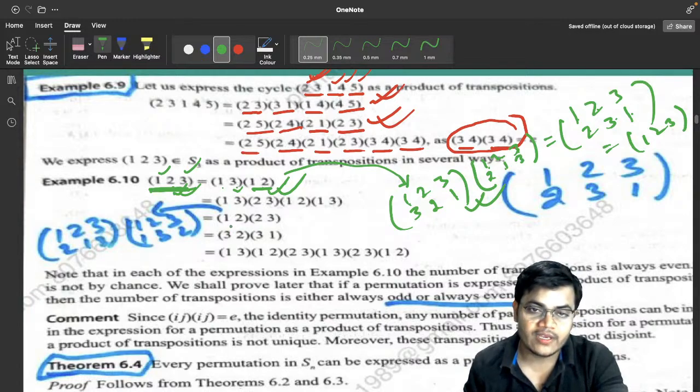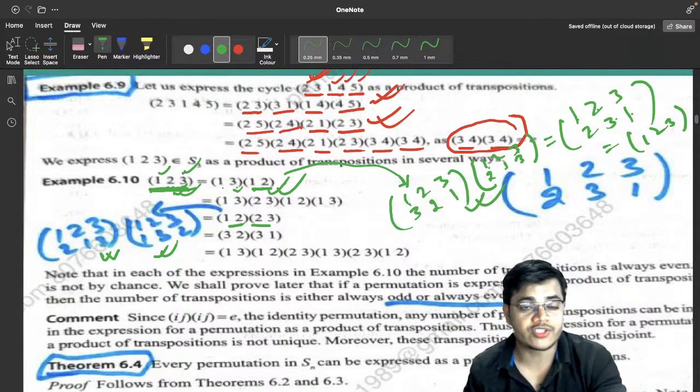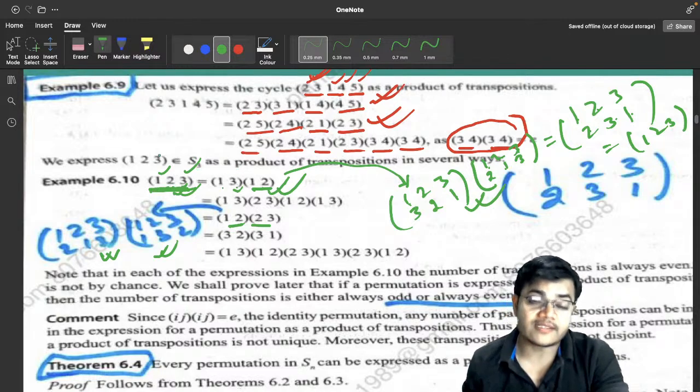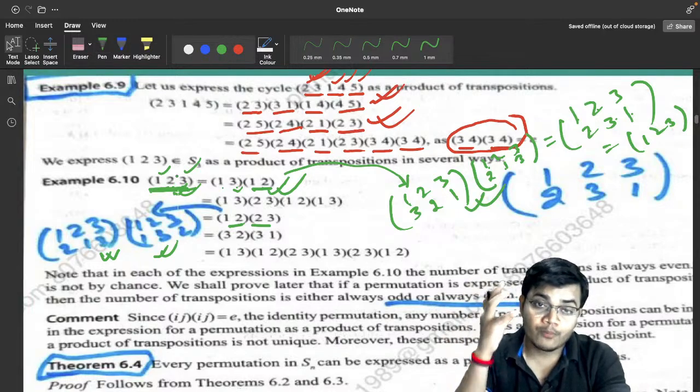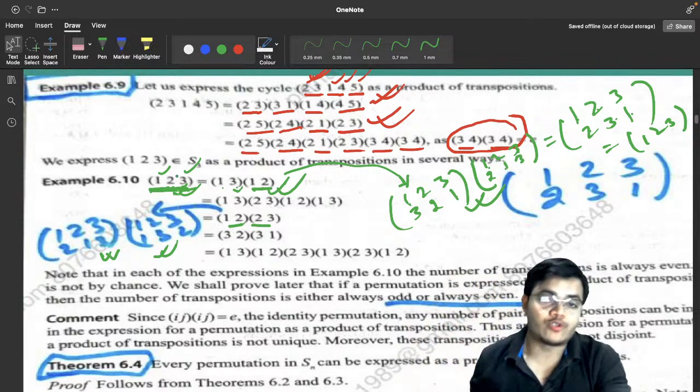In the same way, if you write it in the two-row representation and do its product, then you are going to get nothing but (1 2 3) in the cycle notation. So if you have a cycle, then you can write that as the product of different transpositions.